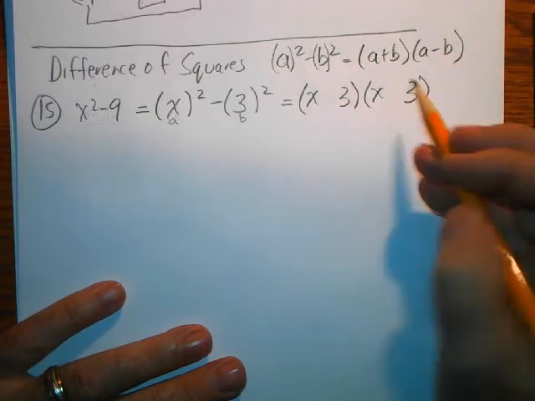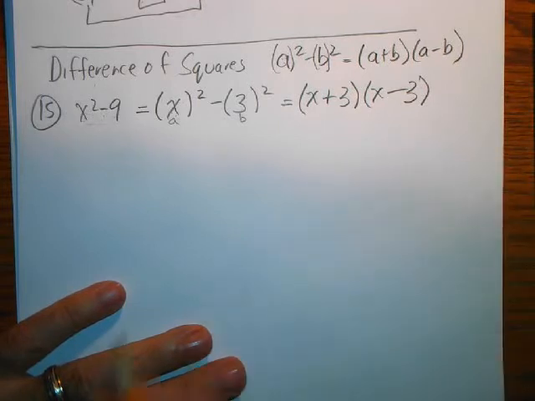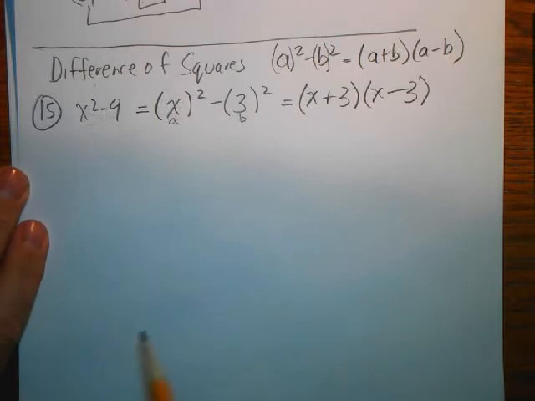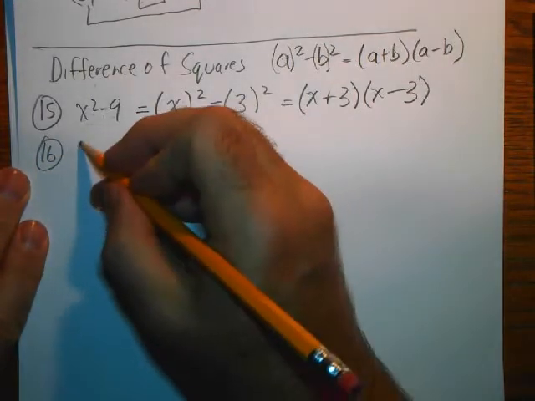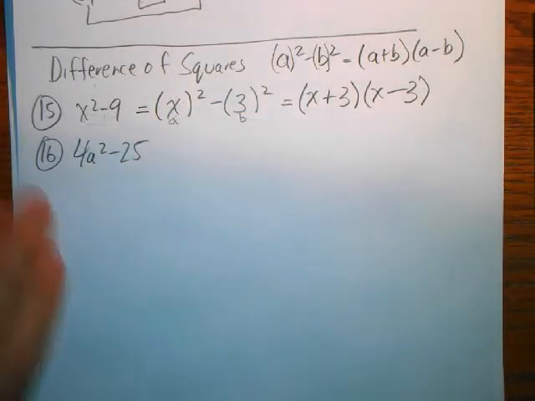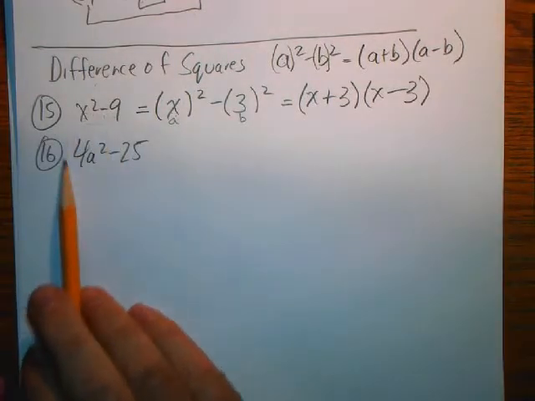But I really think this is important, especially once you start seeing trickier looking ones, which we will see. Say you had 4a squared minus 25. Do your checklist: two terms, a subtraction sign. I can take the square root of that. I can take the square root of that. Now, when I say take the square root, I mean that it goes evenly.